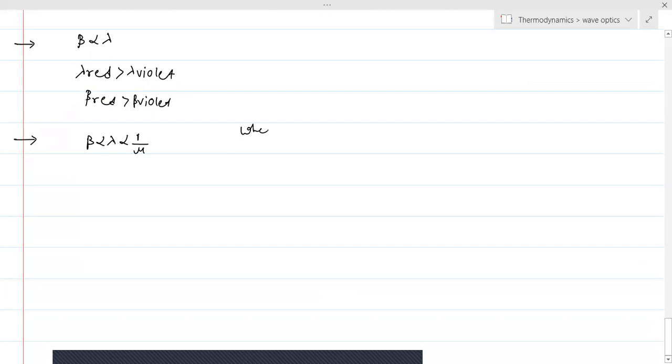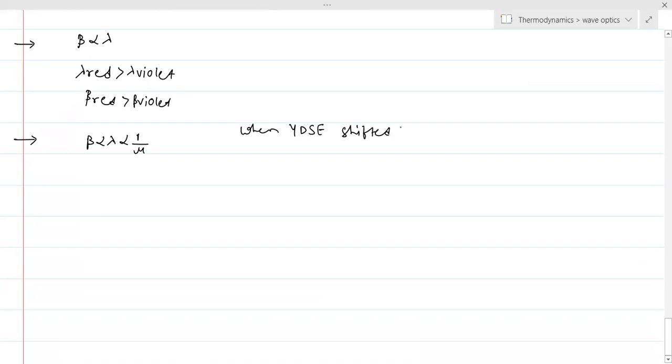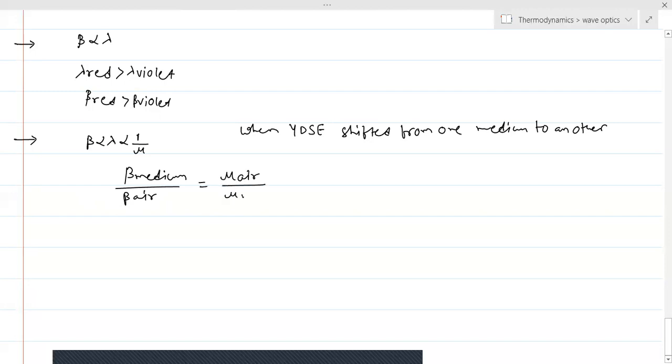So when the YDSE is shifted from one medium to another medium, we simply say beta medium by beta air. Suppose we are moving the YDSE from air to water, for such examples we take mu air by mu of that particular medium.